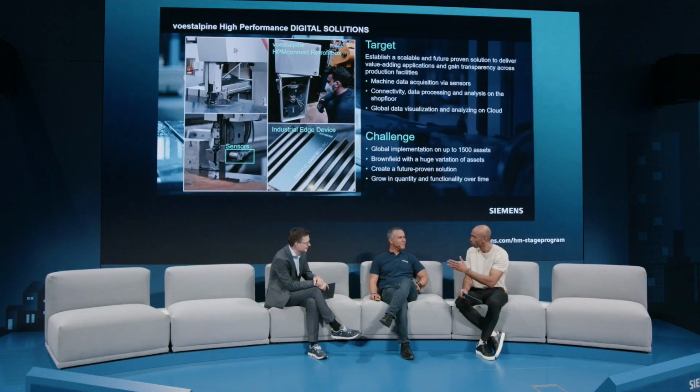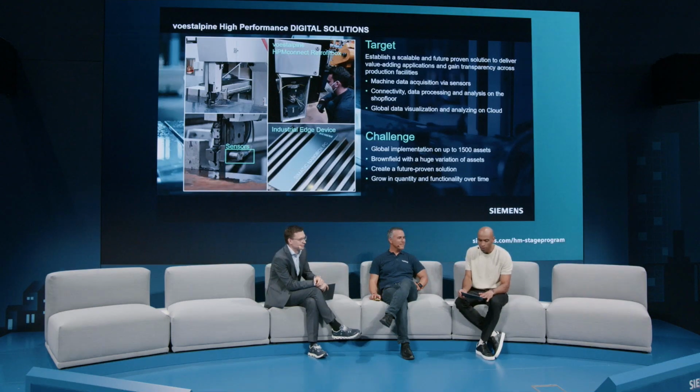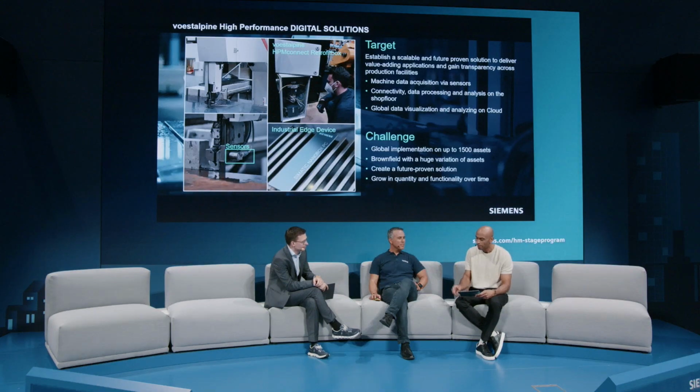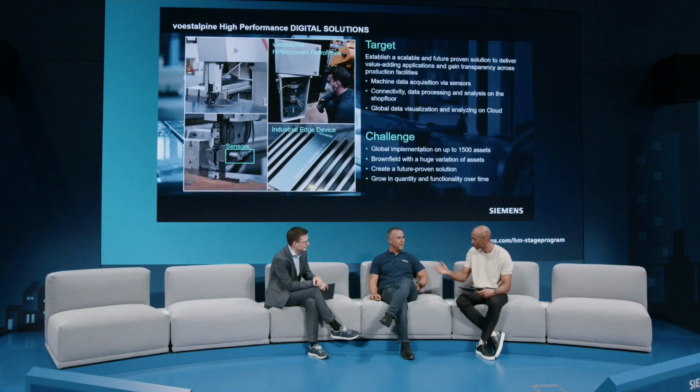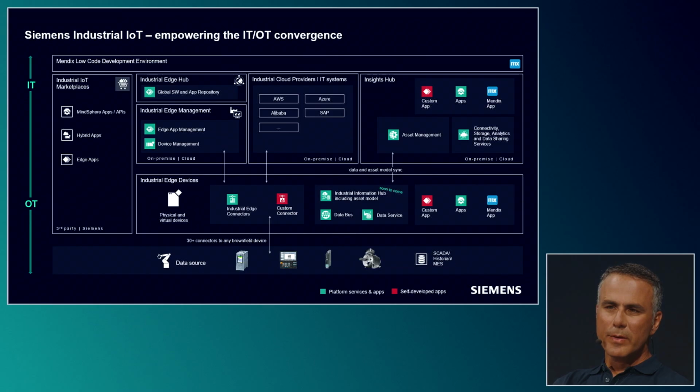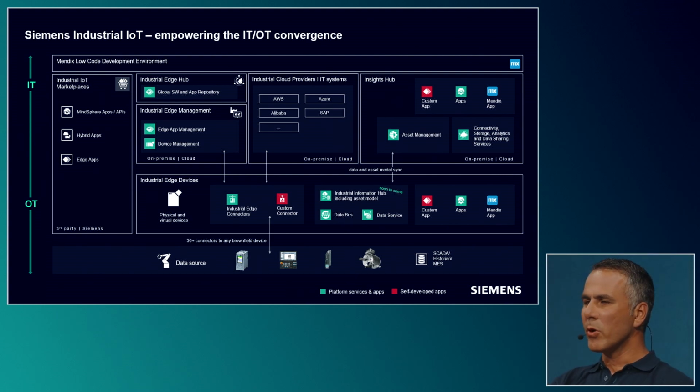Right, right. So you're the go-to guy, I guess, for Voestalpine. You're the industrial edge expert, product manager for industrial apps. Maybe you can briefly explain the offerings, the tools that actually helped address these challenges that Martin just mentioned. Yeah. Let me show you this slide. So industrial edge stands for an open and ready-to-use edge computing platform consisting of edge devices, edge apps, edge connectivity, and a management infrastructure for apps and devices.